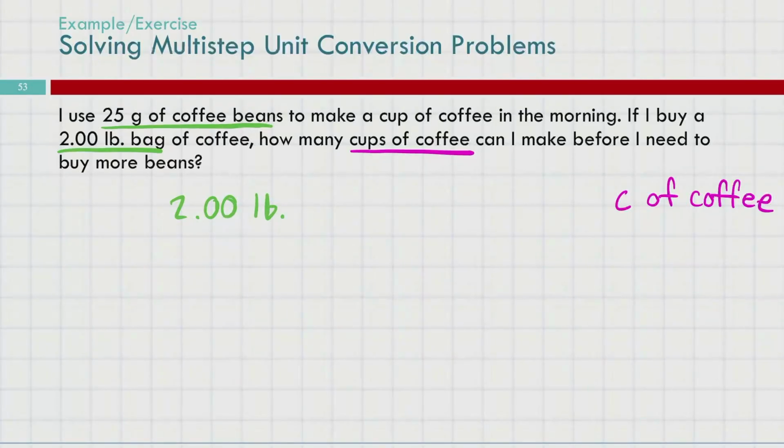So the tricky part of this question is that this 25 grams of coffee is secretly part of a conversion factor. 25 grams of coffee goes to make 1 cup of coffee. Call it CB, 25 grams of coffee beans equals 1 cup of coffee.